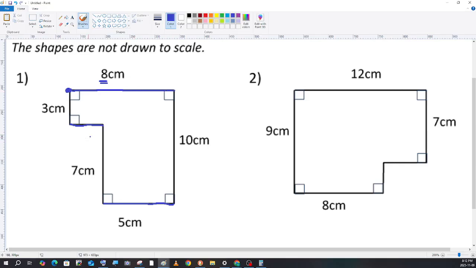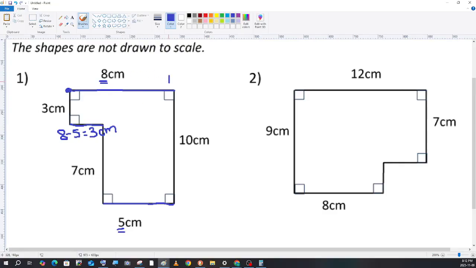So to find this missing length, we simply take the longer side that's parallel to it and subtract the shorter side that it's parallel to. 8 minus 5 equals 3 centimeters. And then to find the perimeter, it's just going to be us adding all these numbers together.